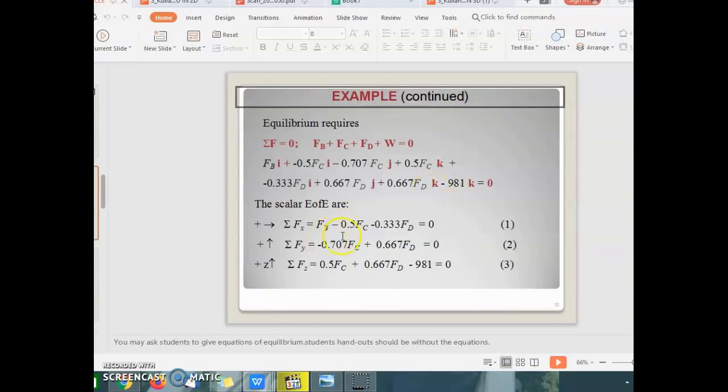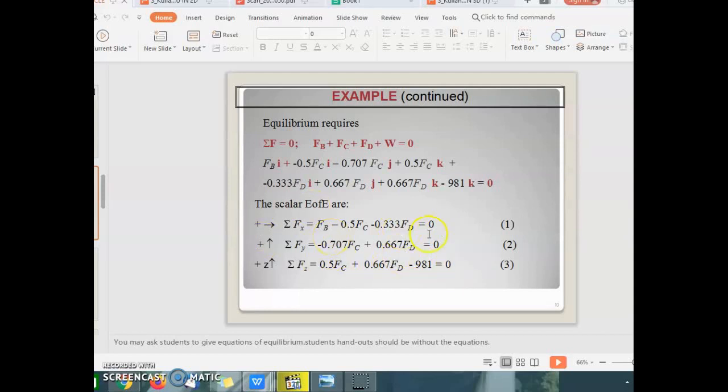So you will have three unknowns, which are FB, FC, and FD. Okay. So check it. Make sure you have only three unknowns. And then you have three equations. If you still remember, if there is the same number of unknowns and equations, then the equations can be solved.